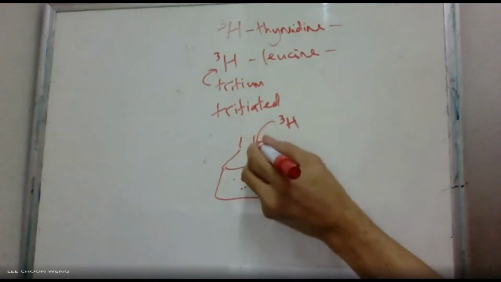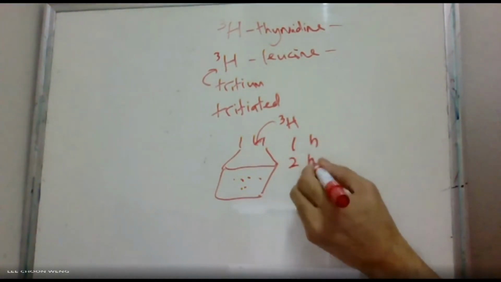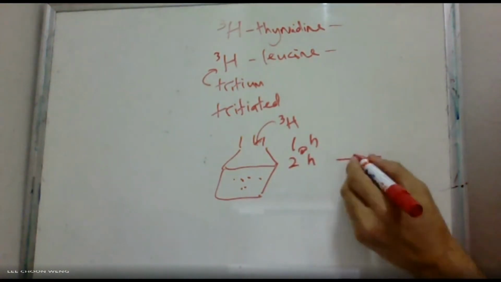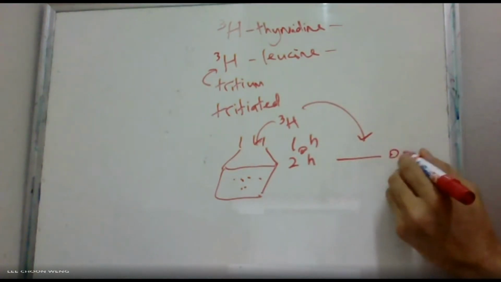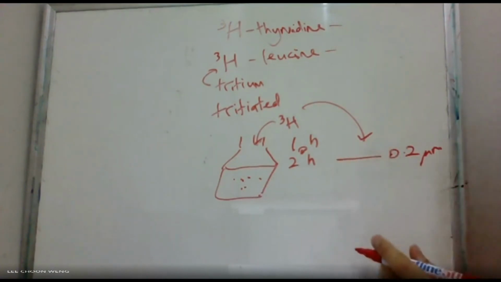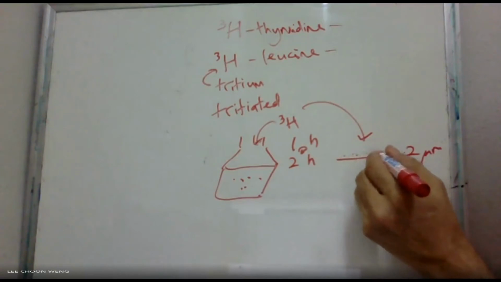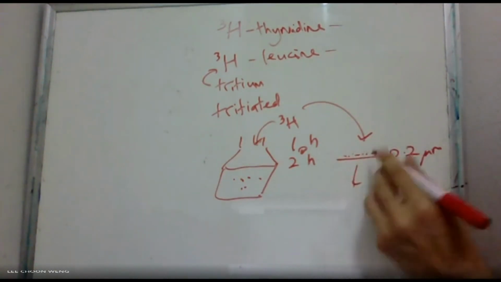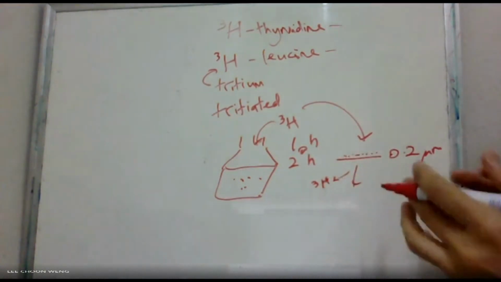Then maybe after 1 hour or 2 hours, you filter all of it onto a 0.2 micron filter. This will capture all the bacteria. Then you wash off the excess tritium, the ones that are not incorporated.